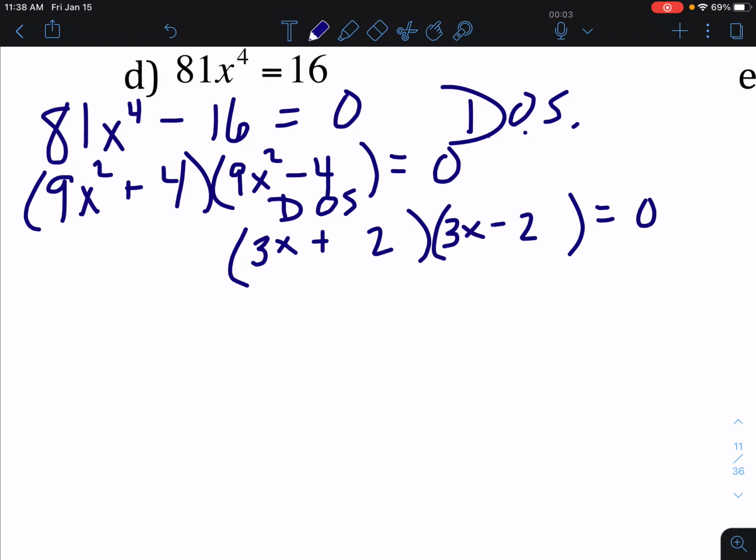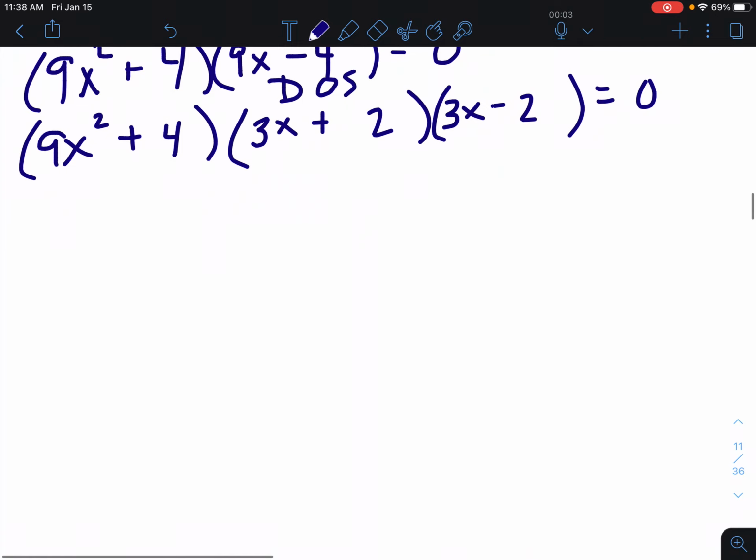However, the first one is not a difference of squares because it doesn't have a minus sign. We call it difference of squares because the word difference means a minus sign. So this is completely factored, so it's answer time. So definitely don't take shortcuts here on these problems. They're not incredibly easy, so write them out.